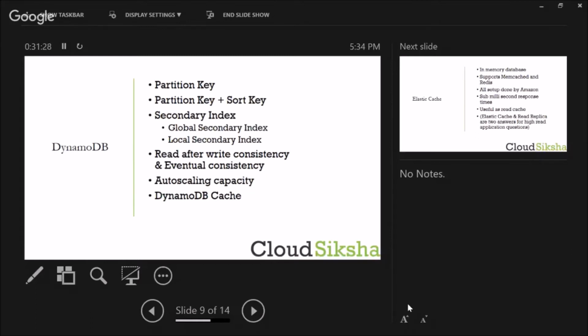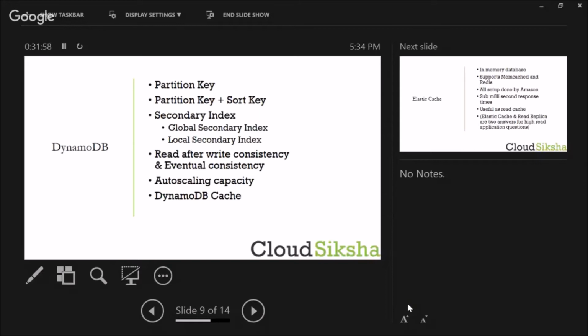Auto scaling means, like in the case of auto scaling of instances, here you can auto scale the read and write capacity. So depending on how many reads and writes are happening, the number of reads per second and writes per second, those values will automatically be changed by DynamoDB itself.